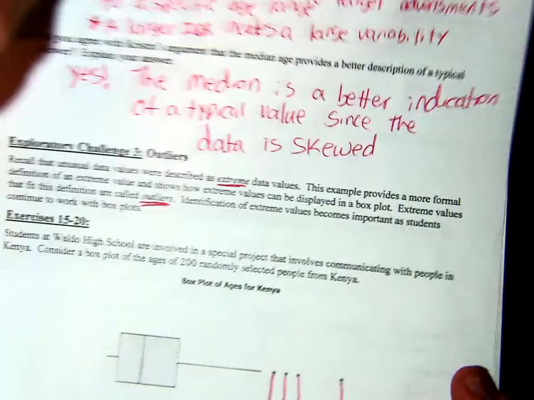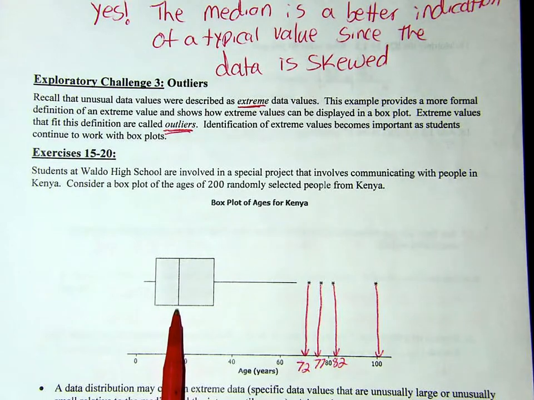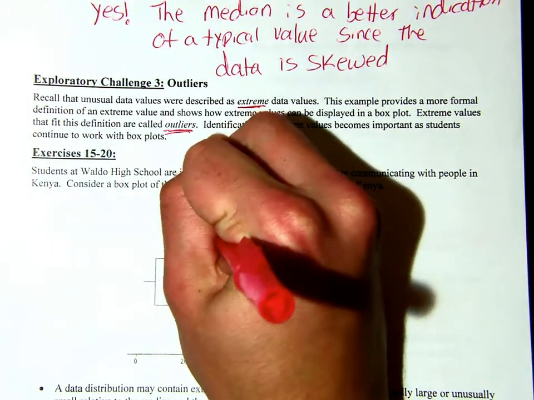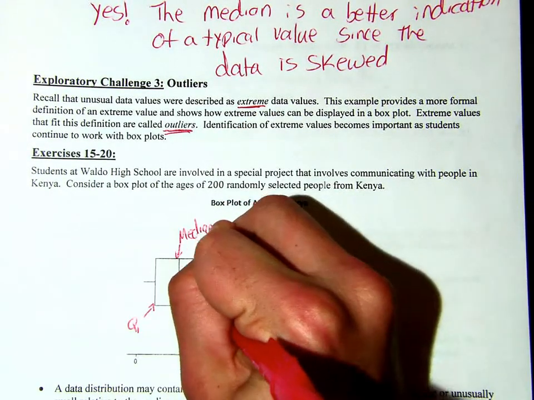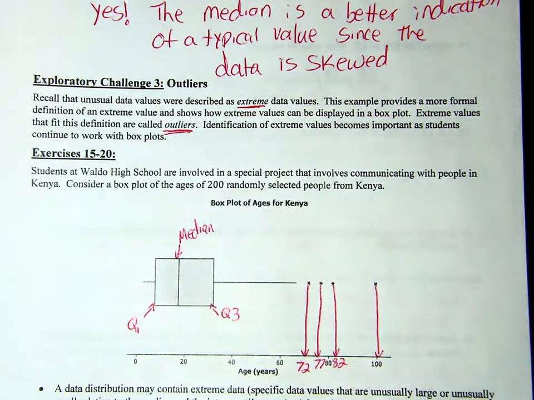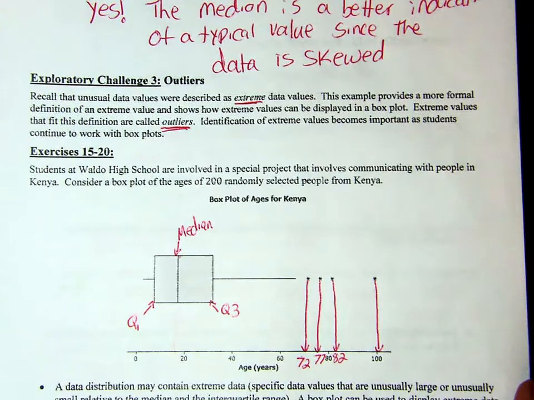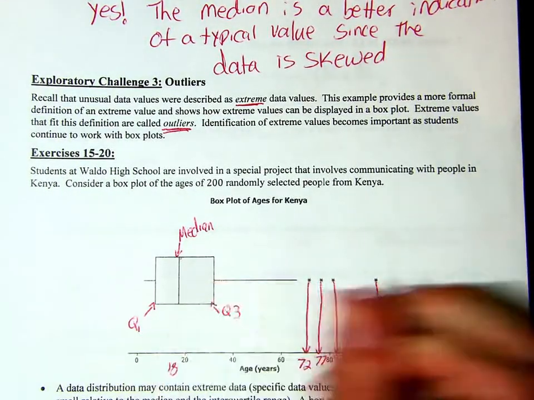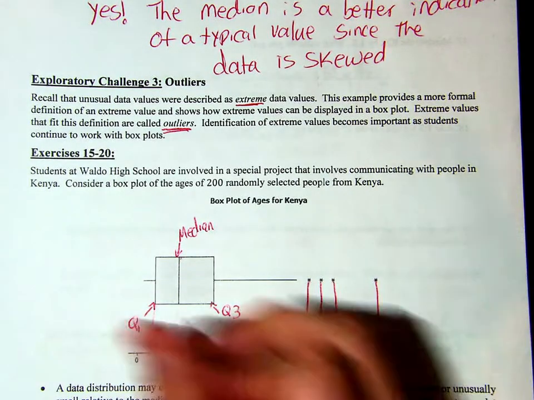So if we go back here, if we look at our data values, our median is right here. So this would be our median. This is our quartile 1, and then this is our quartile 3. So our median value would be a little bit less than 20. So I'm going to estimate the median to be about 18. I'm going to estimate that quartile 1 will be about 7.